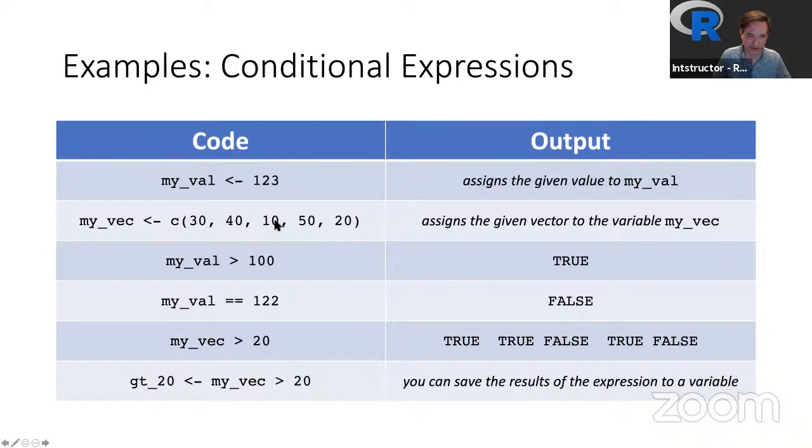That would be a different thing that we'll take a look at. It gives back the answer to this particular question asked on each element in the vector. Does that make sense? So this variable is going to have all of these TRUE, FALSE values, not the values of the vector that satisfied that condition. That might be a little tricky to think about, but do some practice here and hopefully that will make more sense.